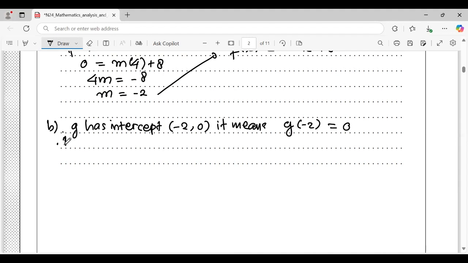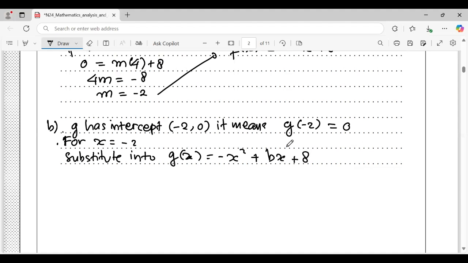For x equals minus 2, substitute into gx equals minus x squared plus bx plus 8.